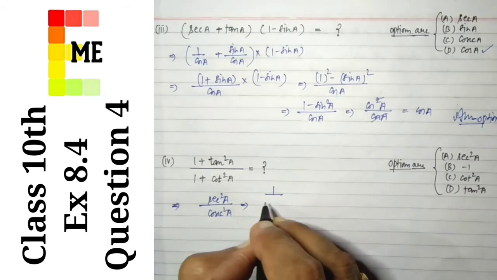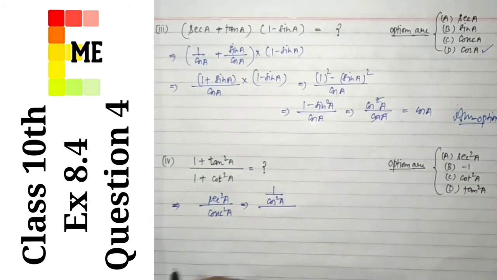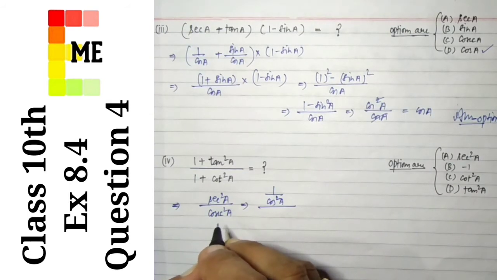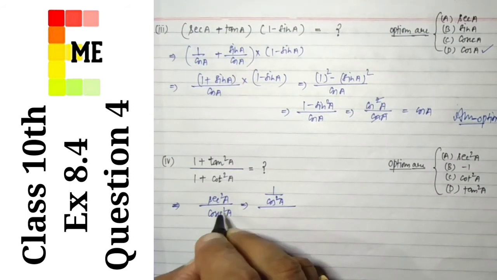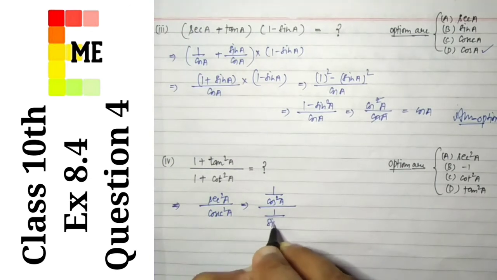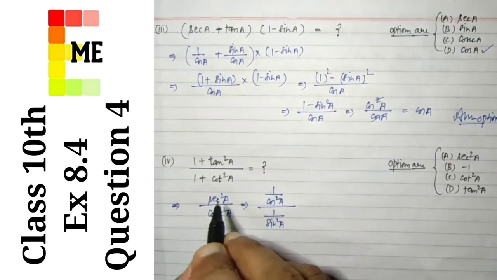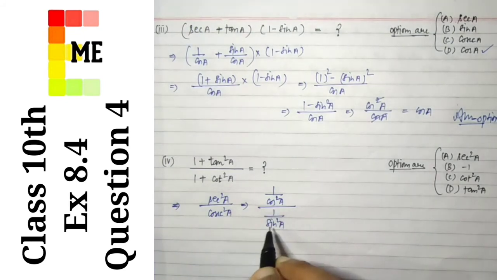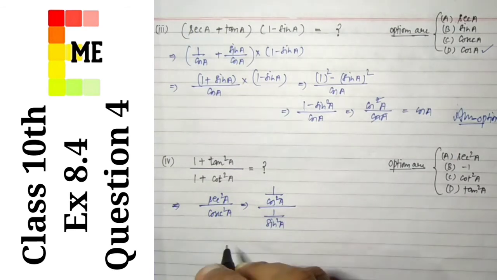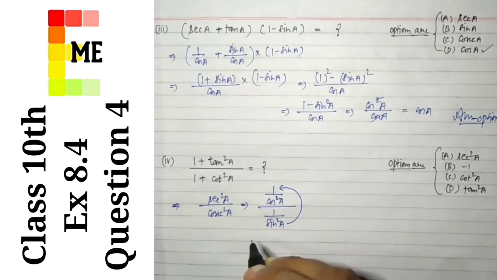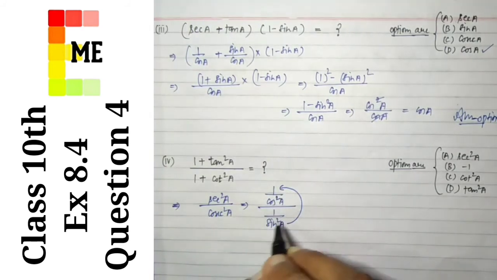So sec square a can be written as 1 upon cos square a, divided by cosec a, which can be written as 1 upon sin a. So cosec square a can be written as 1 upon sin square a, because cos a and sec a are reciprocal to each other, and sin a and cosec a are also reciprocal to each other. Now 1 upon cos square a upon 1 upon sin square a, and we divide these fractions.